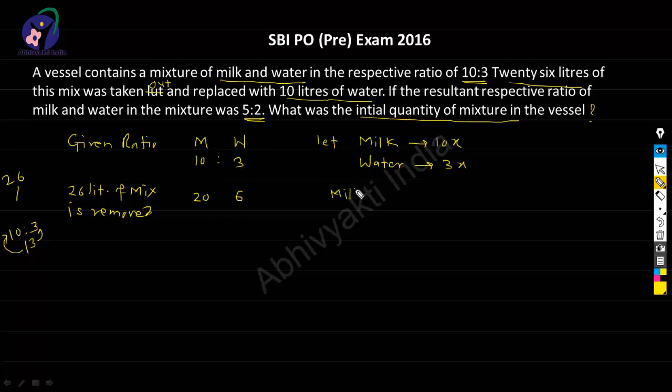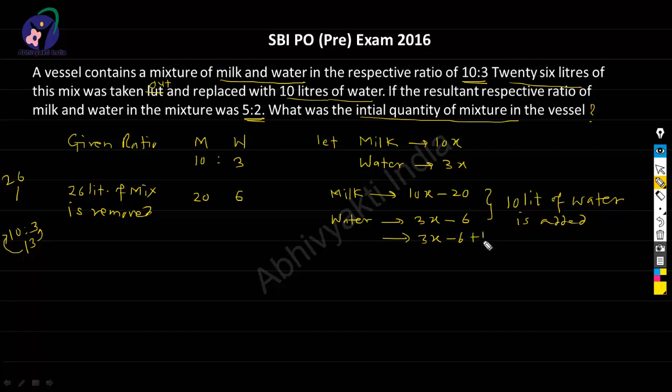So the milk left will be 10x minus 20 and water left in the mixture will be 3x minus 6. But then 10 liters of water is added. So the water will be 3x minus 6 plus 10, so the quantity of water in the mixture will be 3x plus 4.